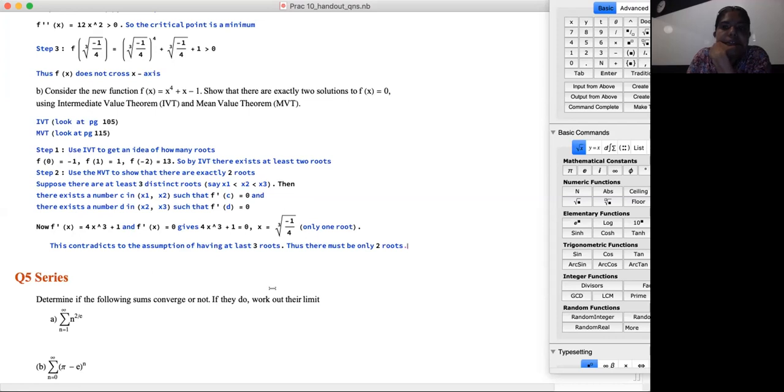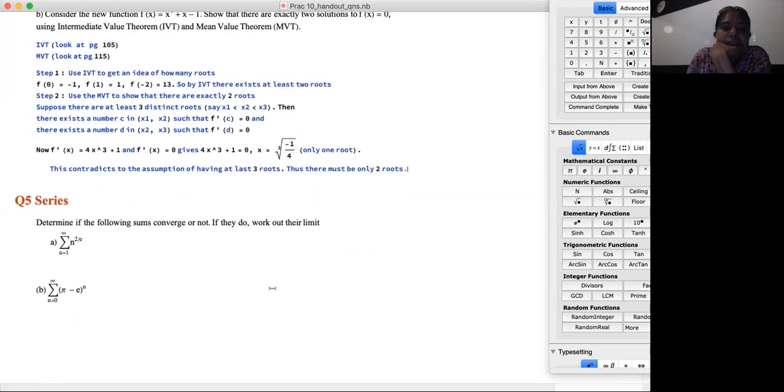Any question? Let me quickly go to question 5. This is the sum of n to the power 2 over e. Does this sum converge or not? What do you think?